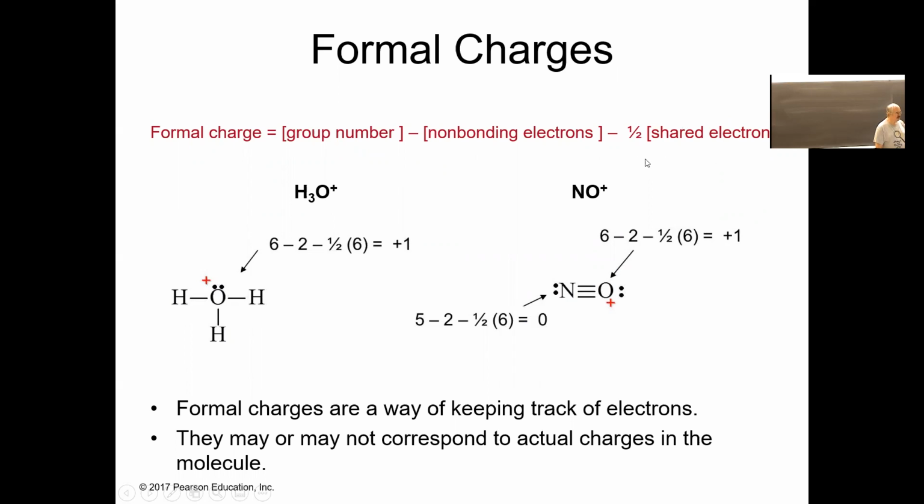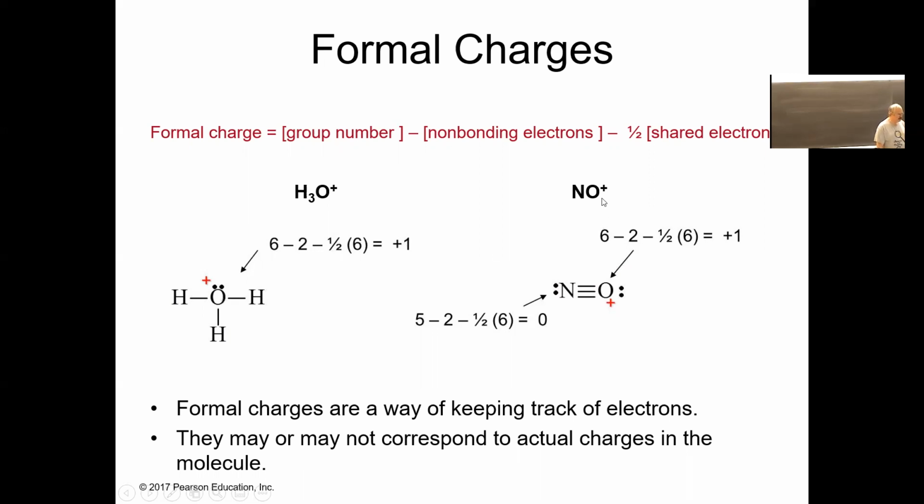Another way of stating this would be just to say the number of bonds. So oxygen in the hydronium ion, oxygen is in group 6. We subtract the 2 non-bonding electrons, and then we subtract 3 bonds, which gives us a charge of +1.